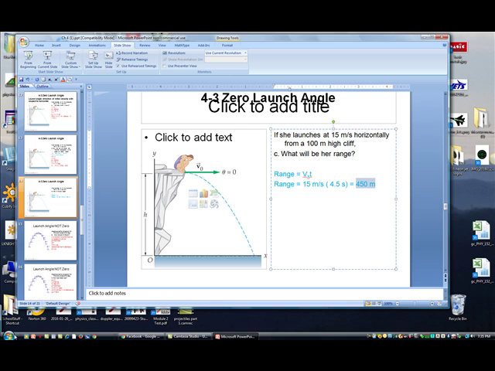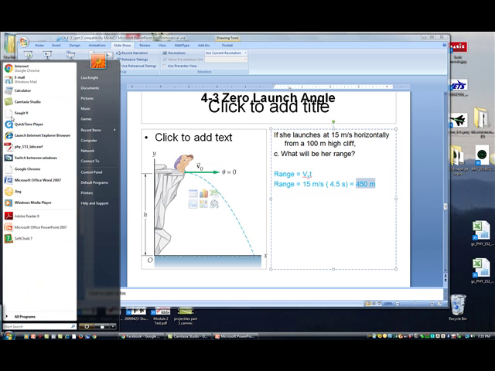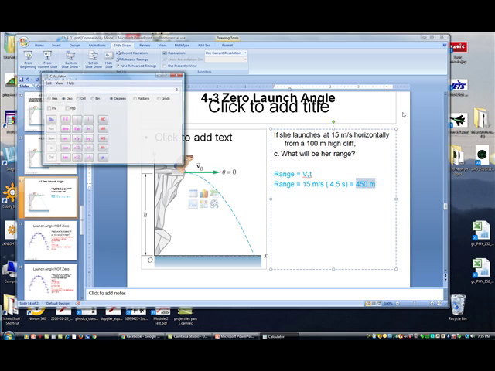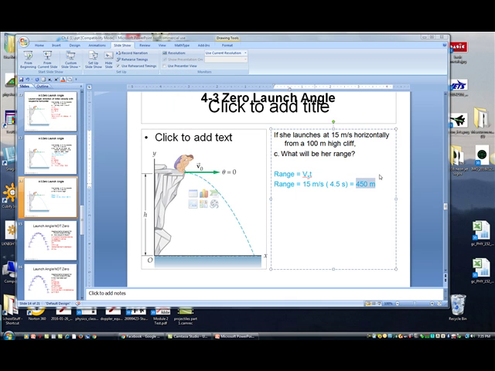Just give me a second here while I calculate that for you. 15 times 4.5 is 67.5, or 68 meters to 2 sig digs.